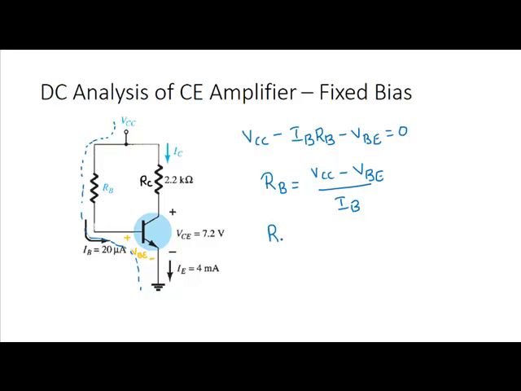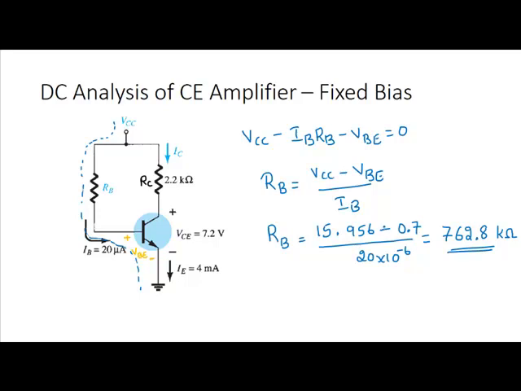So RB is, VCC we found out 15.956, VBE, since we have assumed this transistor to be a silicon transistor, it is 0.7, IB value is given, it is 20 microampere. So substituting all these values, I get the value of RB as 762.8 kilo ohm. This is the more precise value.